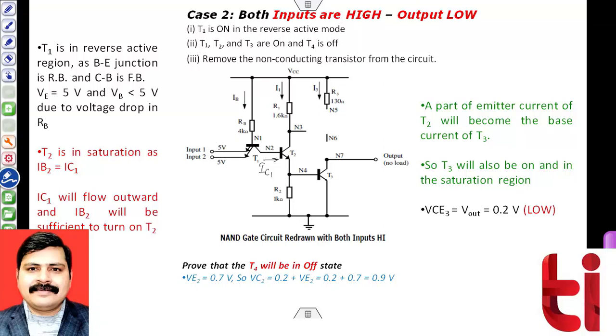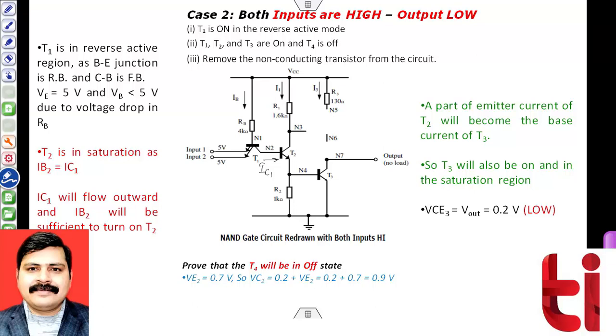That means VE3 equals 0. And as this particular transistor is on, the base to emitter voltage of transistor T3 is 0.7 volt. So the value of VB3, the voltage of the base terminal of transistor T3, is 0.7 minus 0, that means 0.7 itself. Okay, and this is connected to the emitter terminal of transistor T2. That means VE2 is nothing but 0.7 volt.